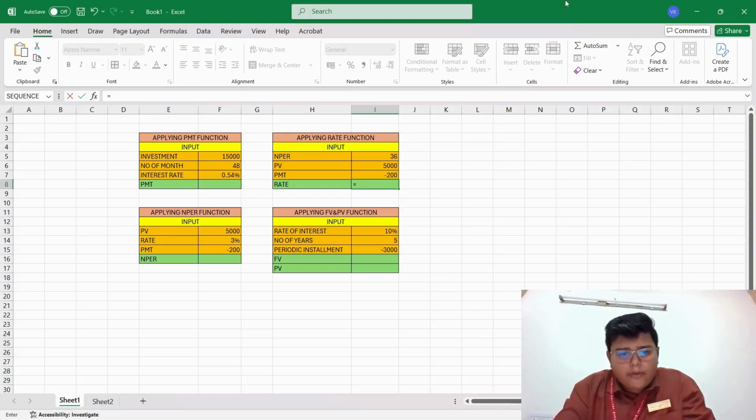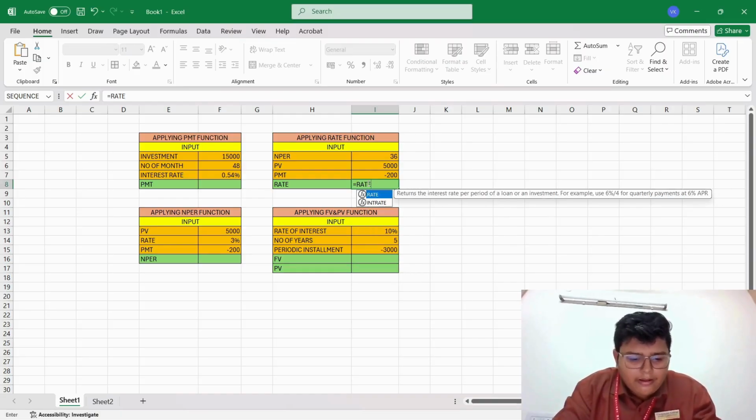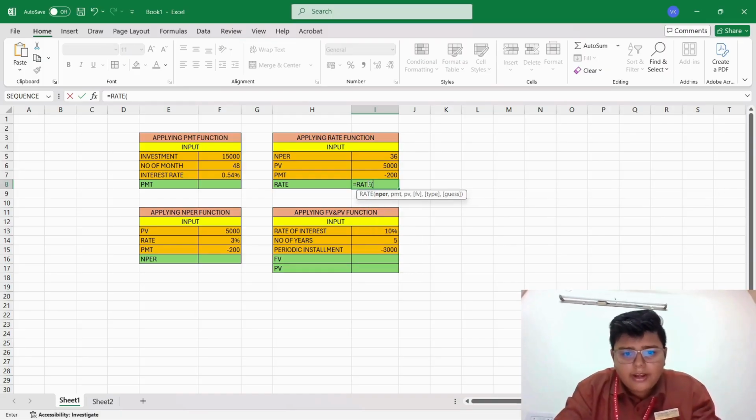First we will click a cell and type equal to. Then we type RATE, open bracket, then NPER. NPER means how many months we are going to pay the installments. That is 36.